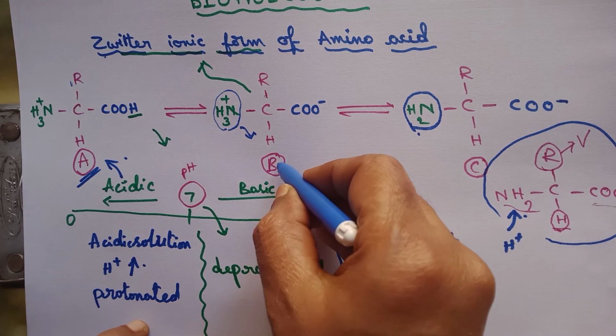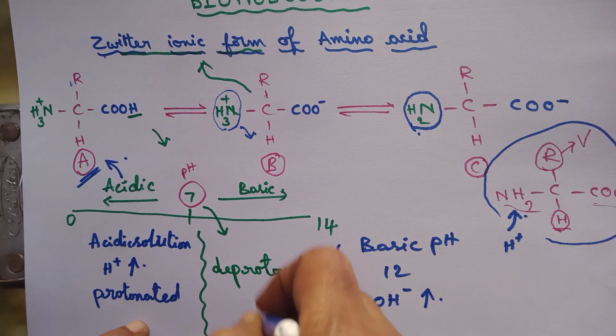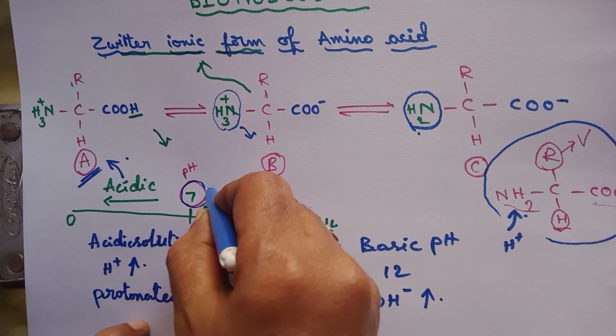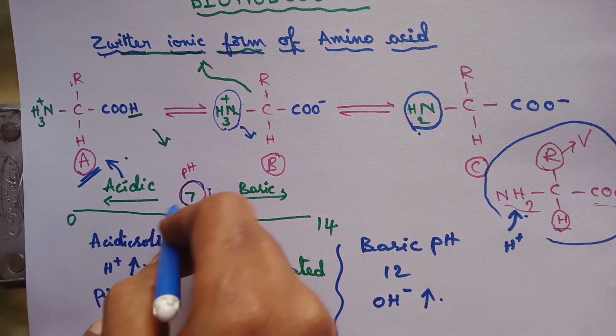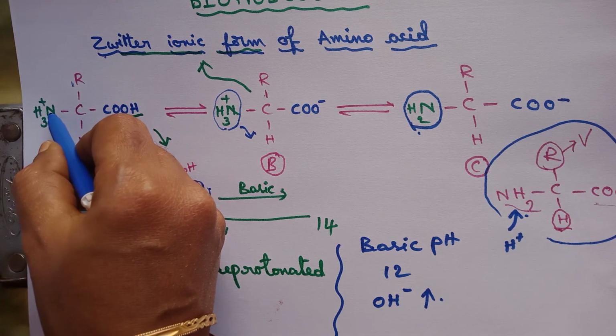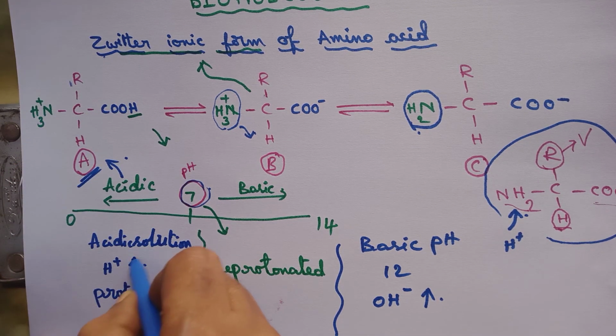This zwitterionic form of an amino acid is formed when the amino acid is present in a solution with neutral pH, that is, at the isoelectric point. Next, this A form, the amino acid with only positive charge, is formed when the amino acid is present in a solution with acidic pH.